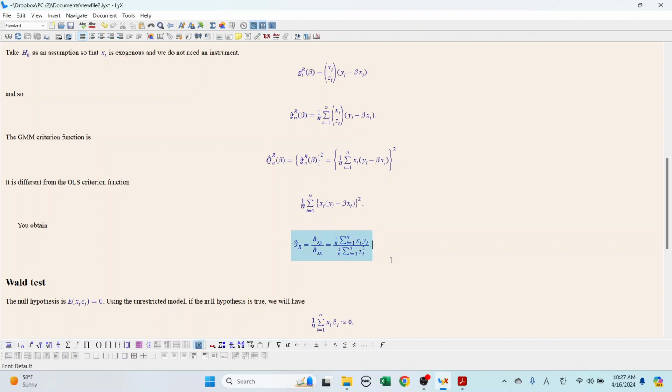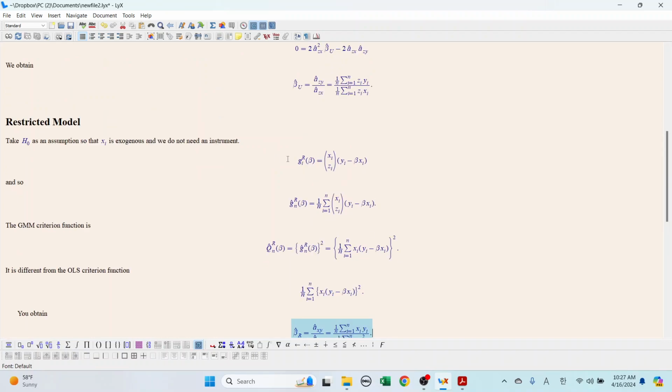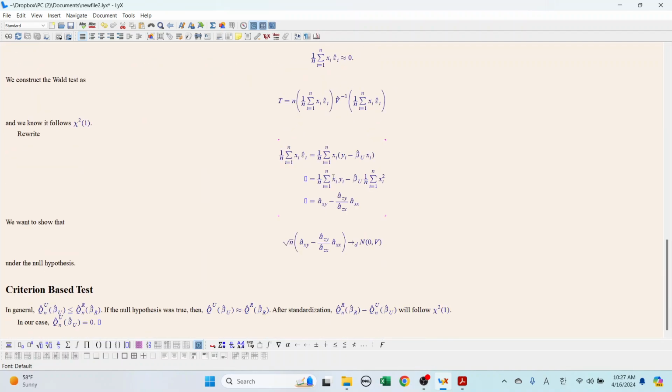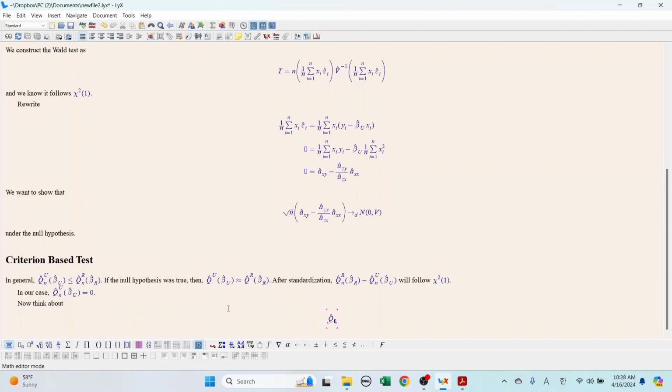This result does not change, but here we have to start from the very beginning, not from the result of homework 4. The unrestricted criterion function minimum is simple. Now we have to think about the restricted minimum.